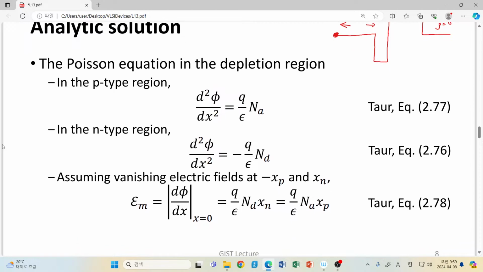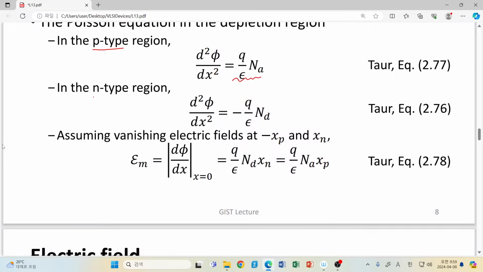Since rho is position dependent, for example, if we have a p-type region, then we will have this net charge density, and if we have an n-type region, then we will have this net charge density with a negative sign. Also, this is actually minus q times Na, because we have a negatively charged layer in the p-type region.